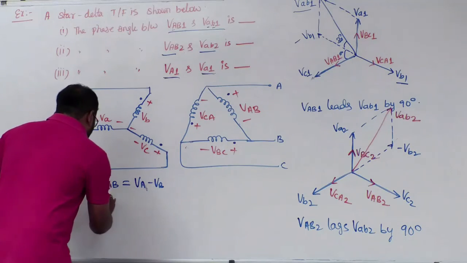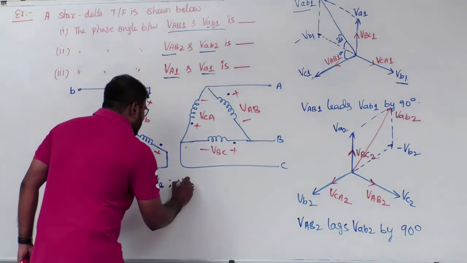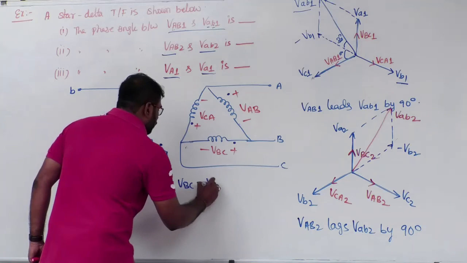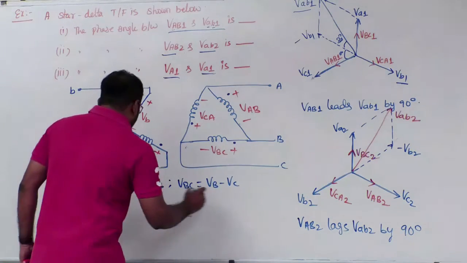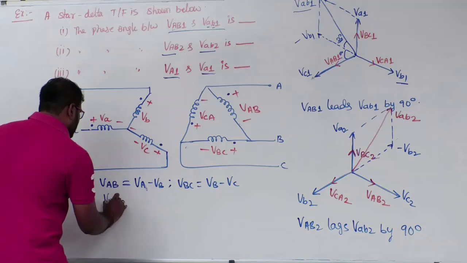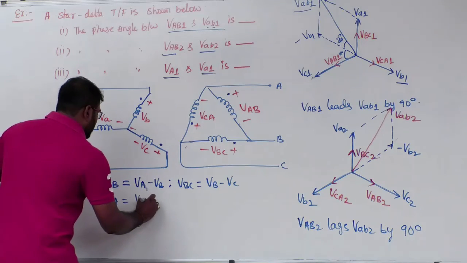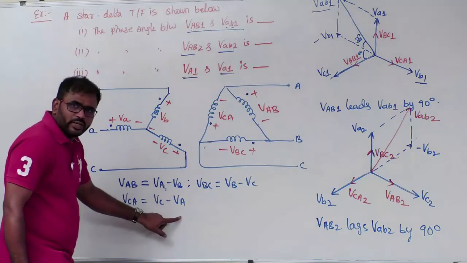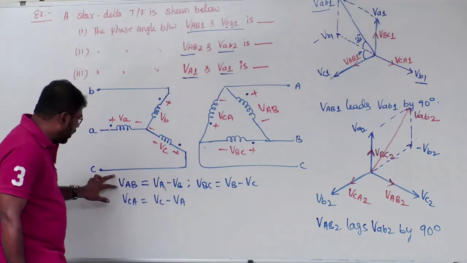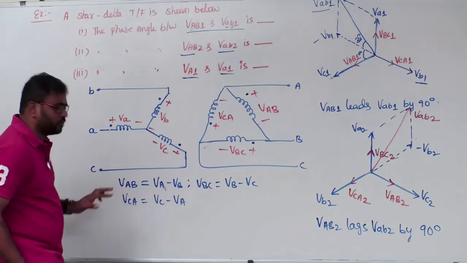Clear? Similarly, what is VBC? VB minus VC. What is VCA? VC minus VA. Now I want VA value here. So what I will write here is VAB minus VCA.